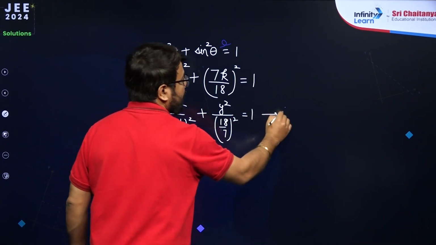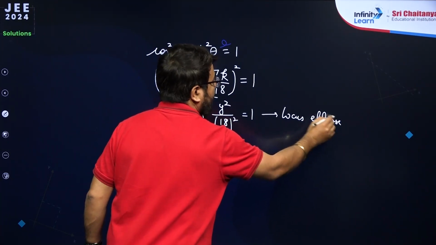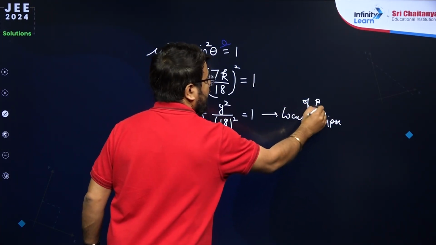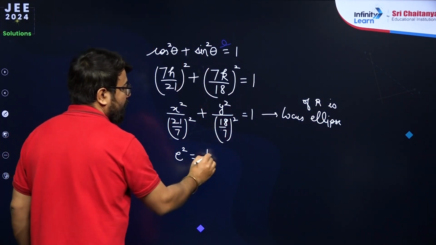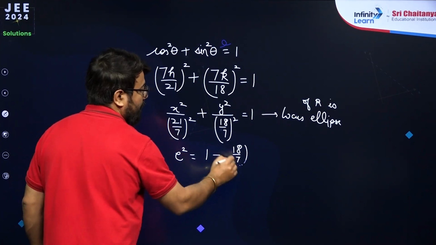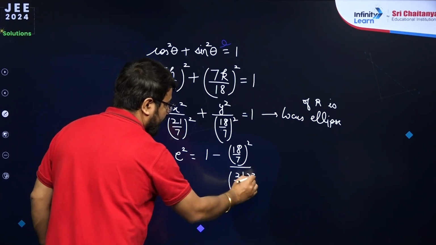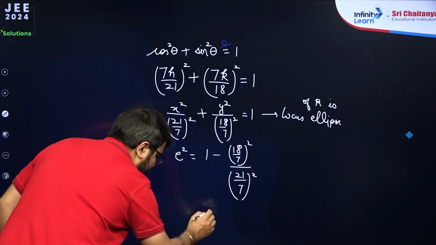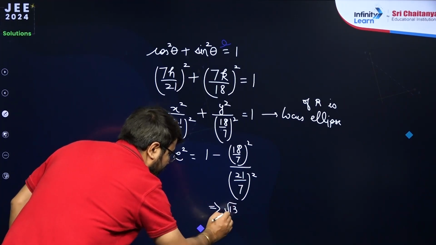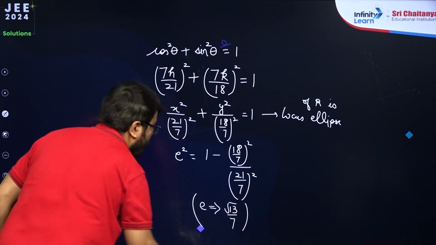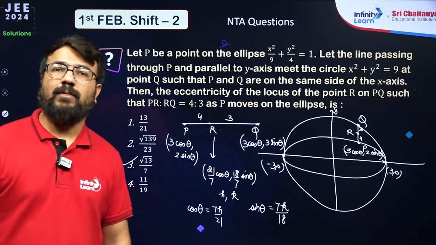So this locus is an ellipse. That means the locus of R is an ellipse. I want to get the eccentricity of this ellipse. So e is equal to root of 1 minus b square over a square. In this way I will be able to write the value of e as root 13 over 7. Now root 13 over 7 is given in the third option. That is why the third option will be the final answer.